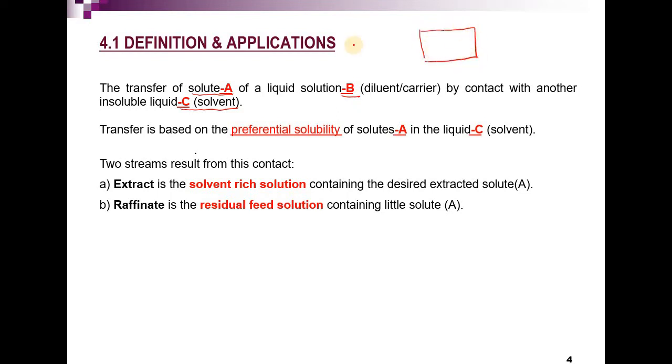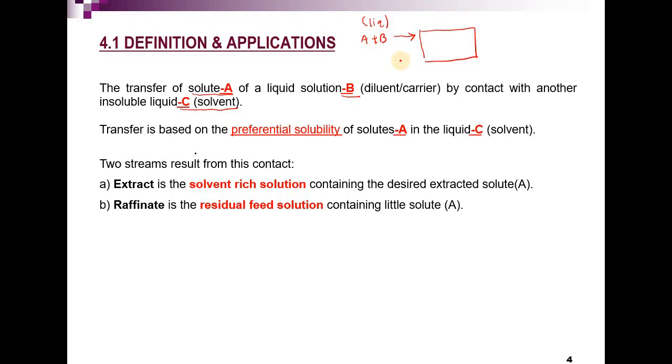For example, I have components A and B, and I want to separate A from B. A and B exist as liquids because this is liquid extraction, so both A and B come as a mixture in the form of liquid.